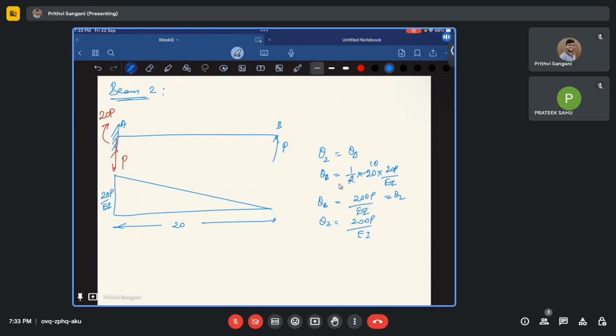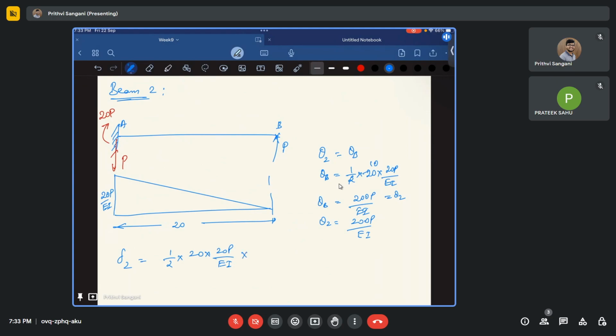What about delta 2? Delta 2 is nothing but delta at B. How do you find delta 2? Delta 2 is the moment of the area about B. Half times 20 times 20P by EI is my area.